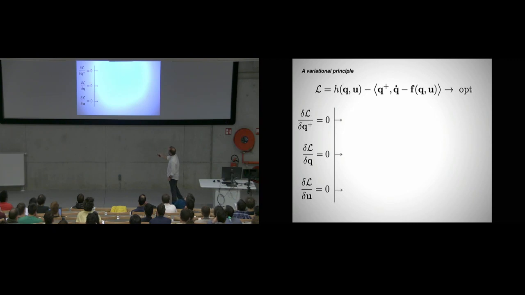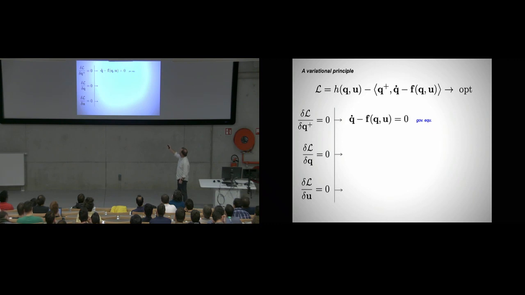Now, out of this one come three equations. If you have a function, you usually get algebraic equations. But because we're doing variations, in this case, we actually get equations, not just algebraic expressions. So the first one is the simplest one. I have to differentiate L with respect to Q plus. Well, Q plus only appears here, it doesn't appear anywhere else, and it happens to be linear.